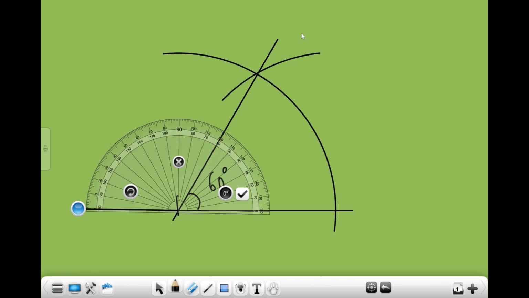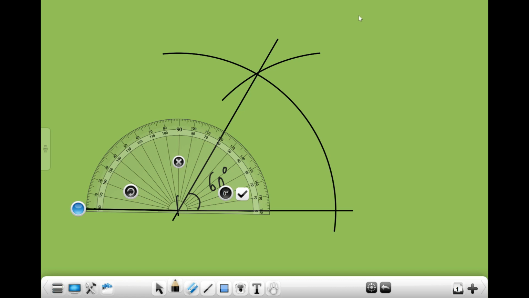No. Aina, Madiha, having problem? Okay, Aina and Madiha having problem. Madiha, what's your problem? You don't know how to construct 60 degrees, is it?